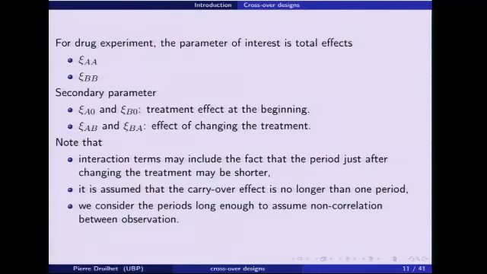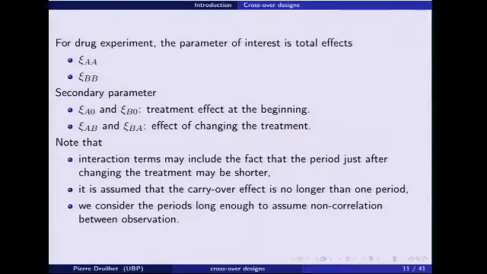So in that case, the effects of interest are C_AA, that is treatment A applied in one period, having the same treatment applied in the previous period, and also C_BB.